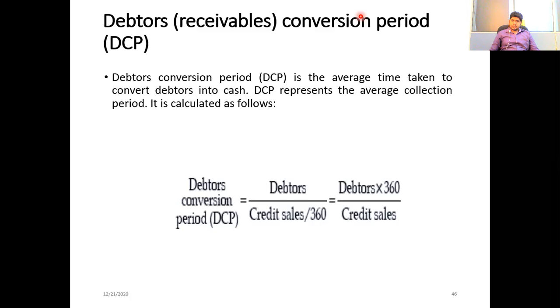It is calculated as follows. Debtors conversion period equals average debtors divided by credit sales, not total sales, credit sales. This formula does not include cash sales, right? It includes only credit sales, right? Into 360.